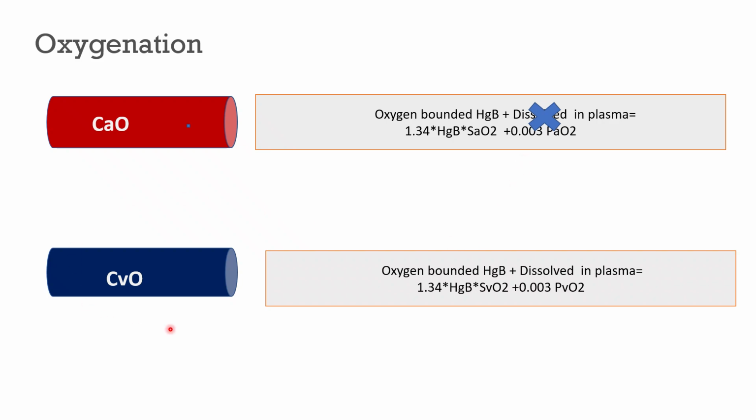Venous oxygen content, or oxygen in venous blood, uses the same equation, but we use SvO2, and the dissolved oxygen in the plasma will be PvO2 on the venous side, which is also neglected. So if we need to increase oxygenation on ECMO, one parameter is to increase hemoglobin concentration.